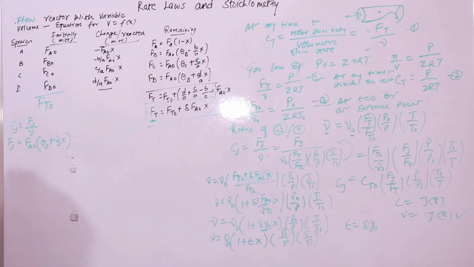Now we would be using these two expressions, and we will substitute this in here, right? Fj would be taken from this equation and nu would be taken from the expression that we have just derived, this one, right?